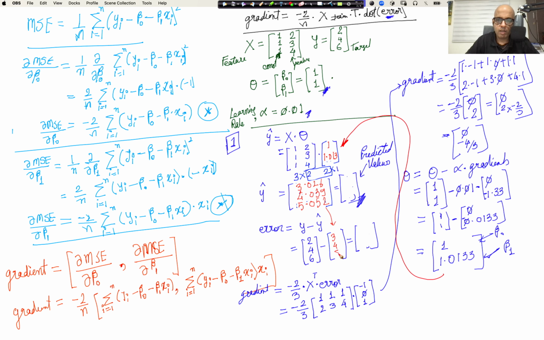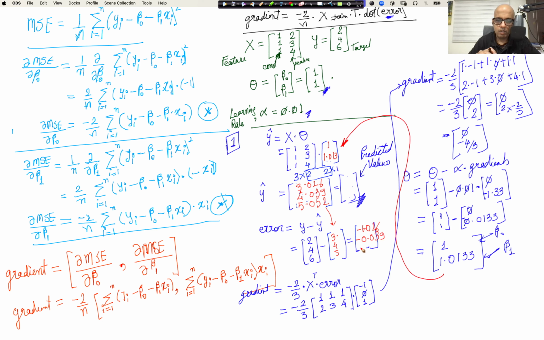And then these values, we are going to use them here to calculate the error. So let's see what this comes out. We have 2 minus 3.026, that gets us minus 1.026. Then the second one is 4 minus 4.039, that gets minus 0.039.